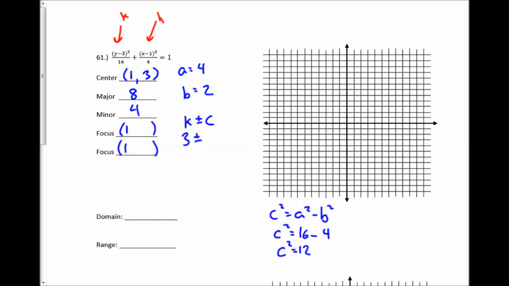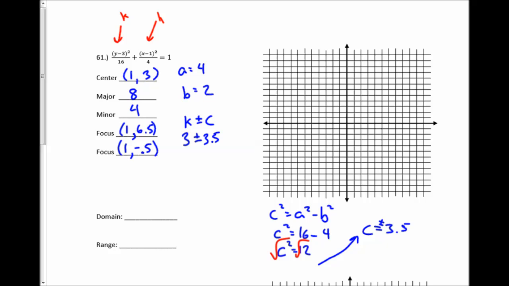I'm going to go ahead and take the square root of each side. And when I do that, I find out that c equals approximately 3.5, or plus or minus 3.5, which is where the plus or minus in our formula comes from. So I do 3 plus the 3.5 gives me a 6.5. And I do 3 minus the 3.5, which gives me a negative 0.5.